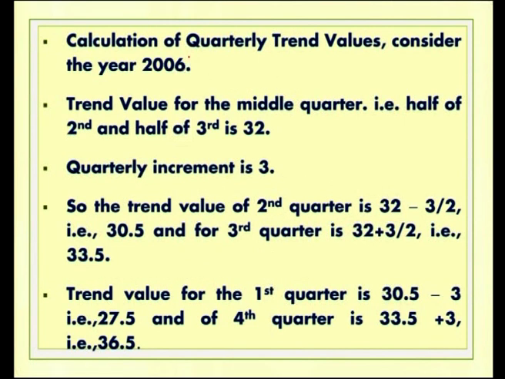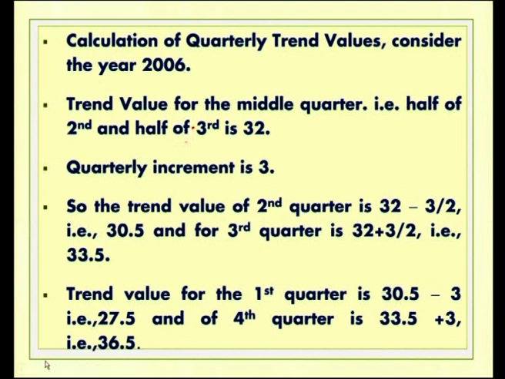Calculation of quarterly trend values. Consider the year 2006. The trend value for the middle quarter, that is half of second and half of third, is 32. The quarterly increment is 3. So, the trend value of the second quarter is 32 minus 3 by 2, that is 30.5, and for the third quarter it is 32 plus 3 by 2.